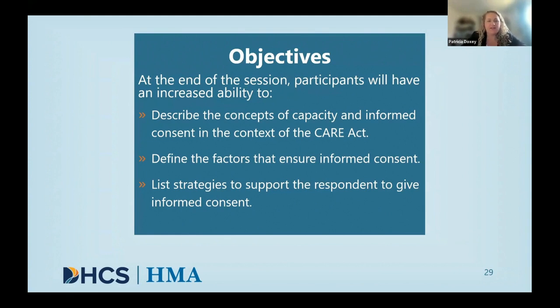Again, the goal is that by the end of this training, participants will have an increased ability to, one, describe the concepts of capacity and informed consent in the context of the CARE Act, then define the factors that ensure informed consent that Dr. Avery went over, and then list some strategies to support the respondent to give informed consent that both Judge Cousins and Daria mentioned in that last section. So we appreciate you three joining us for that conversation and helping us better understand those ideas.